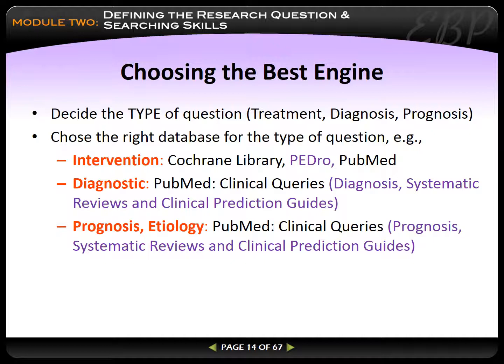You can decide if the question is treatment, diagnosis, or prognosis, and then look at the right database for that type of question. PubMed, Pedro, Cochrane Library are good for all of those, even though we have it beside diagnostic, intervention, and prognosis, etiology. You really can't go wrong with PubMed.